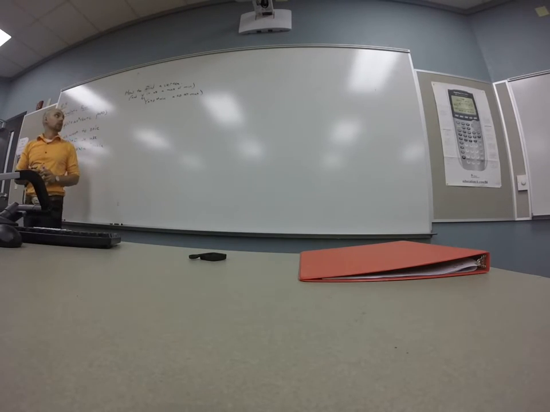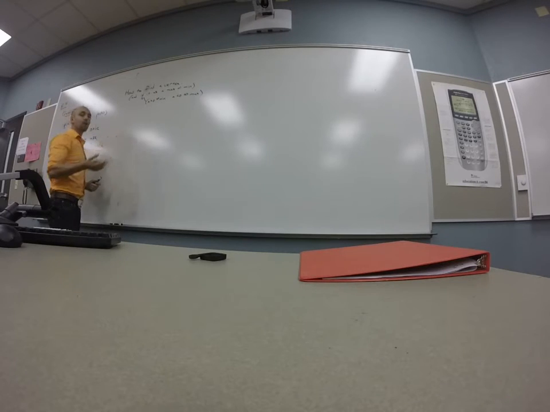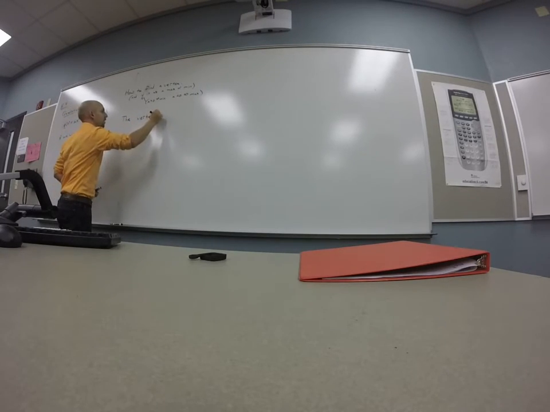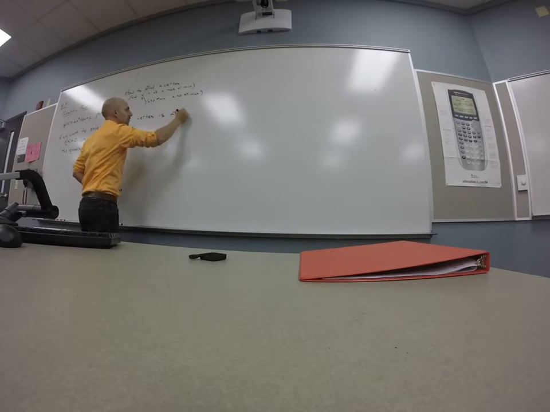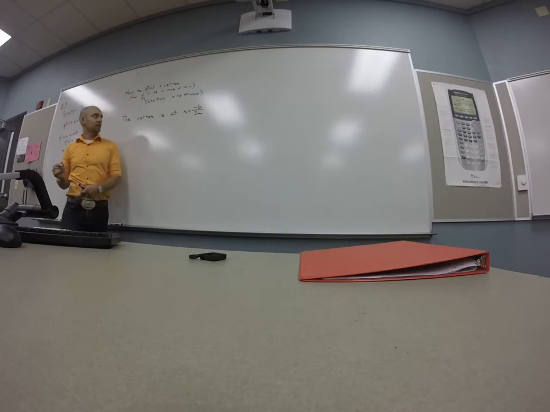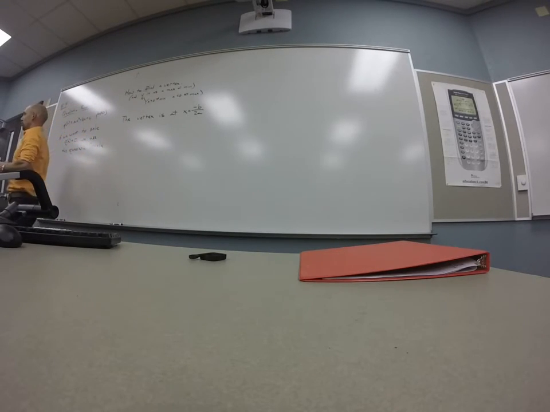All right, so now how to find a vertex at all is a bit weird. Let me give you a statement first. The vertex is at x is negative b over 2a.